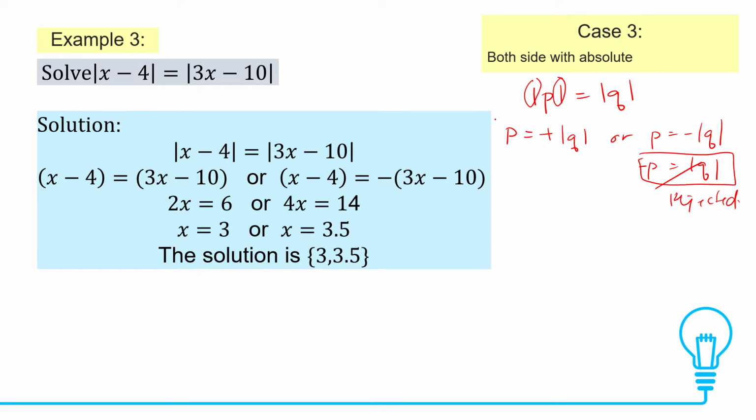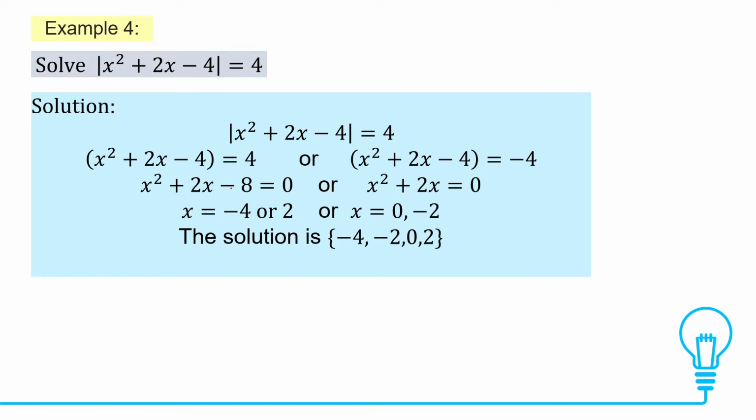Okay, so I have this one, P equals absolute Q. So my P equals Q, or my P equals negative Q. That's why I only have two cases. Here it is x minus P equals positive and P equals negative. Rearrange this one, you get two answers. And for both sides in absolute, no need to do the checking.